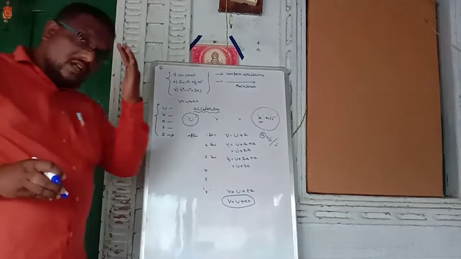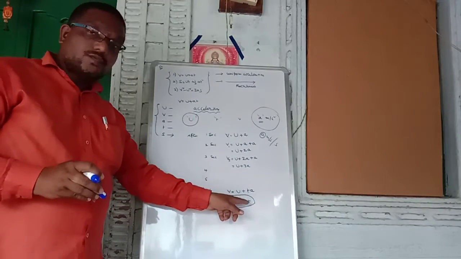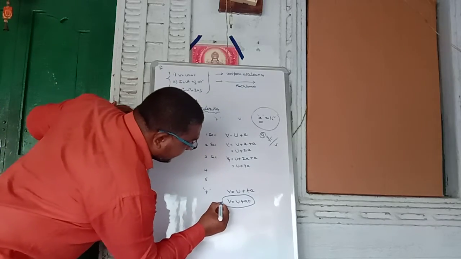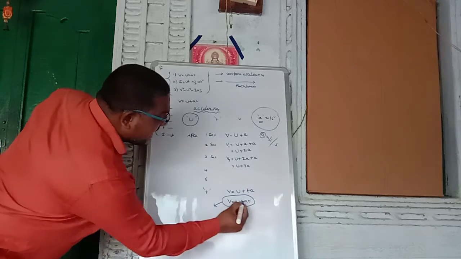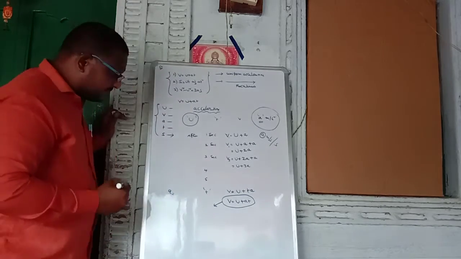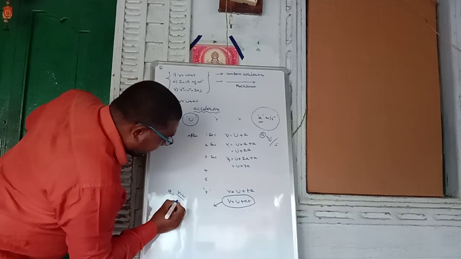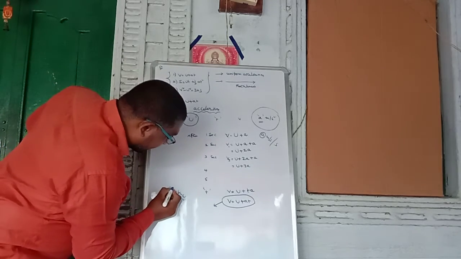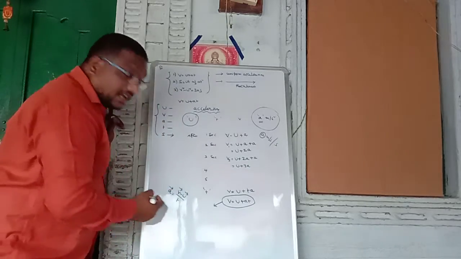This equation gives the relationship between initial velocity, final velocity, uniform acceleration and time taken. From this equation, we can derive the other two equations also. See this, what is the acceleration? From this equation, if we make A the subject, then we get A is equal to V minus U by T. Here A is a vector quantity, V and U are vector quantities, and T is a scalar quantity.